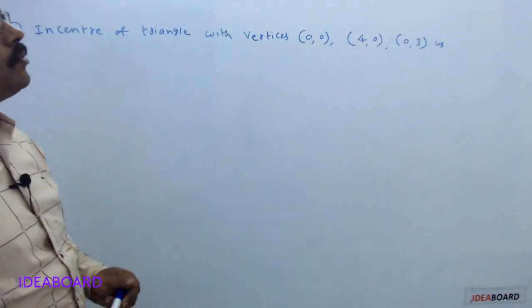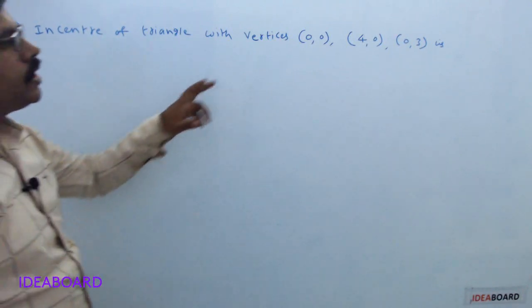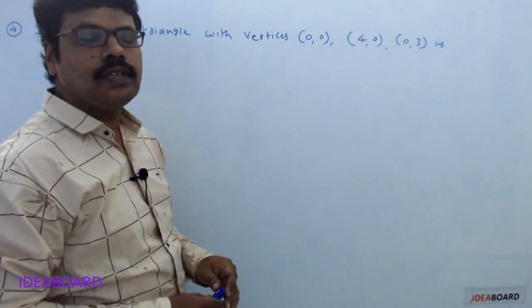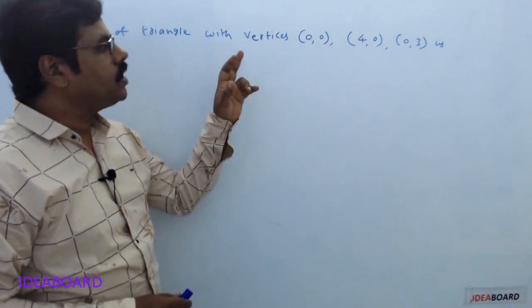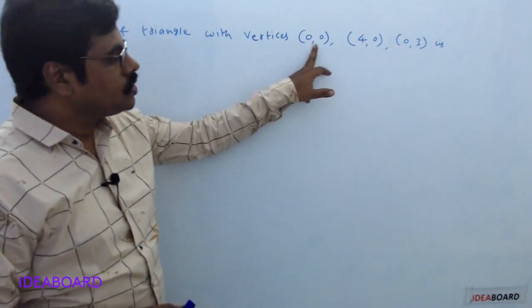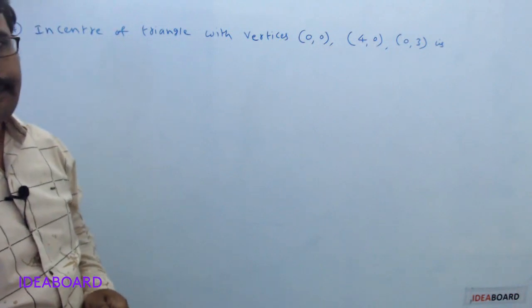Now come to the next problem. Find the incenter of the triangle formed by the points (0, 0), (4, 0) and (0, 3).